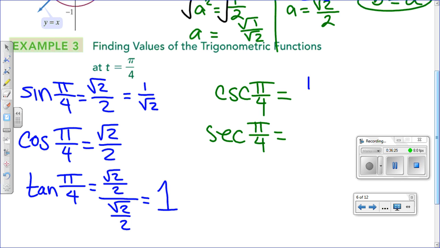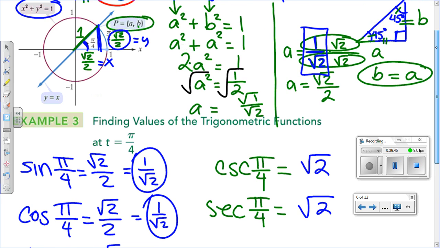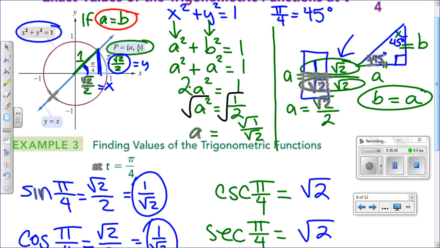The reciprocal of that will be the square root of 2. And the secant, we take the reciprocal of, again, 1 over square root of 2. And that will be the square root of 2. Remember, I'm using this one because that was the answer before I rationalized, because that's easier. You just flip them, you just have the 1 on the bottom.